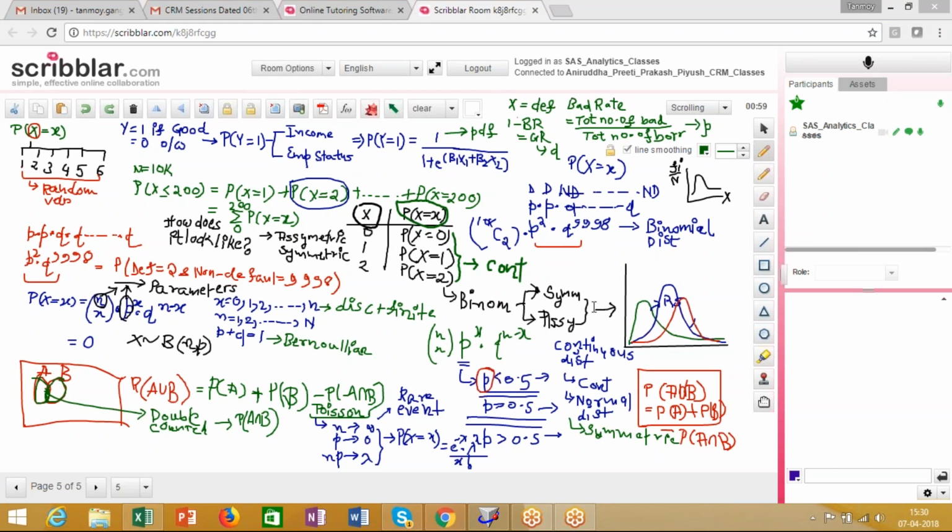Okay, so Anirudh, which example do you want? Do you want an example of a uniform distribution or the example of a normal distribution in risk?